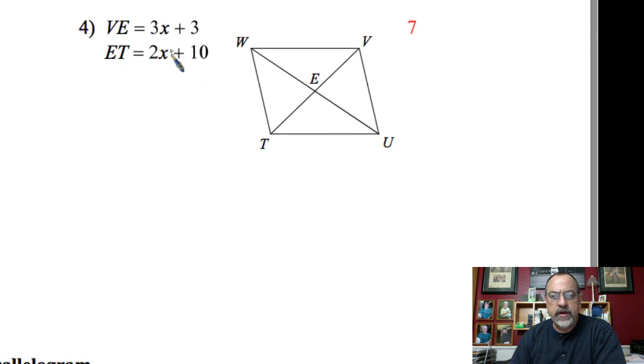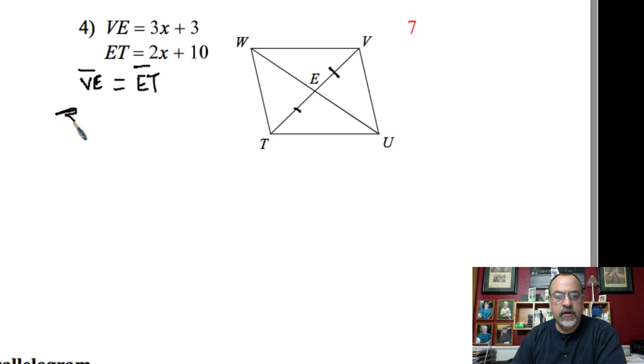So number 4 here, VE, which is, let's see, this segment here, and ET they give me. Now these are equal to each other because this diagonal is cutting it in half. So I know that VE is equal to ET. So that's the geometry part of it. Now we can substitute in.